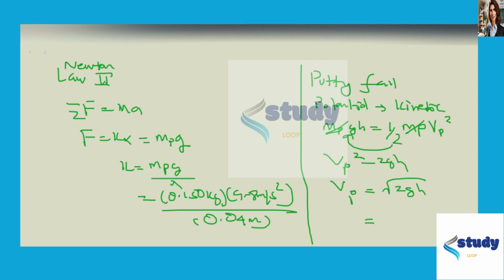We plug in the numbers: 2 times 9.8 meters per second squared, times the height, which is 0.30 meters, and we get 2.425 meters per second. This is the speed of the putty when it's falling.